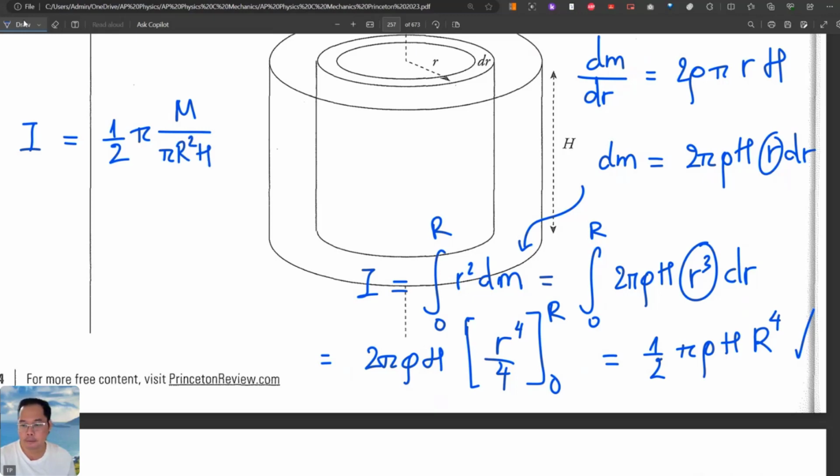Then times h and times r to the power 4 for the moment of inertia expression. This whole thing is the density. So we can simplify: r to the power 4 on the top and r squared at the bottom, h and h simplify, pi and pi simplify. So we have 1/2 of the mass times r squared.